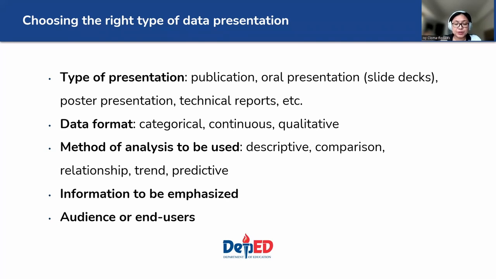Is the data to be presented for a written form, such as a publication, or is it in an oral form or oral presentation, like a PowerPoint presentation? Is it on print, such as for a poster? Or is it a technical or academic report? As a general rule, written reports tend to have more text and tables, while oral reports and posters or visual reports will tend to have more graphs.